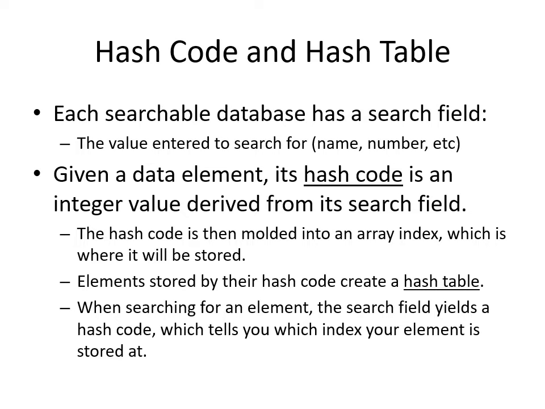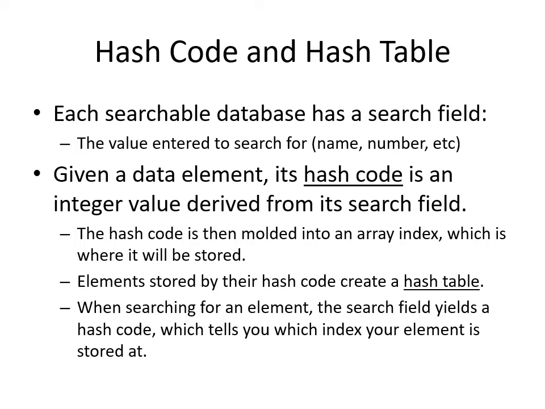So imagine you might have a database that has employee numbers as the search field, and the rest of the employee information is what we could extract if we were to find an employee with a certain number. So we have that search field and use that as a way of determining where that employee is going to be stored in an array.